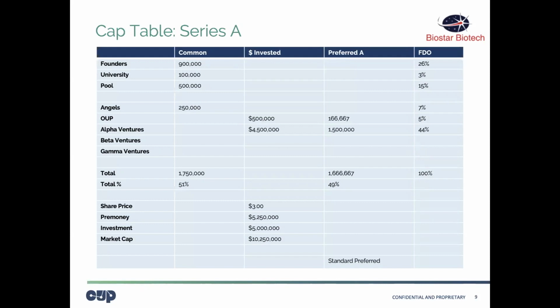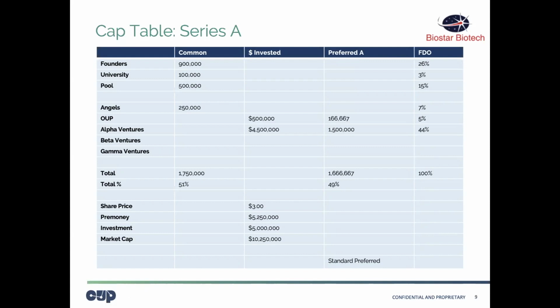$5 million was invested in the Series A at a $3 share price, and OUP exercised its 10% participation right, putting in $500,000, and you can see the preferred A shares purchased by OUP and the preferred A shares purchased by Alpha. So the total number of preferred shares is about 49% of the total outstanding shares of the company.